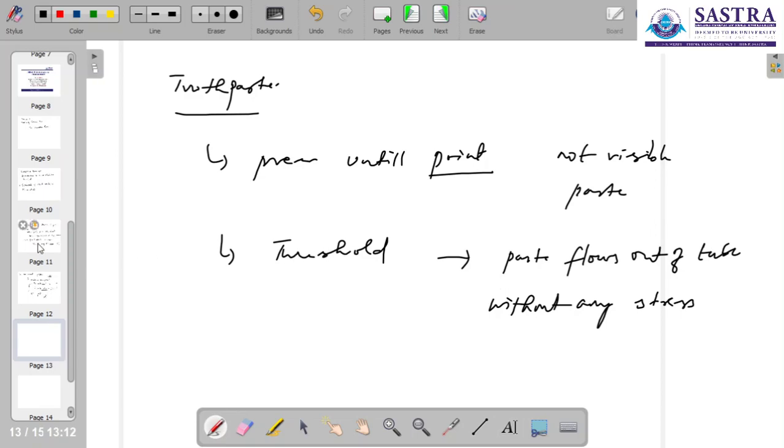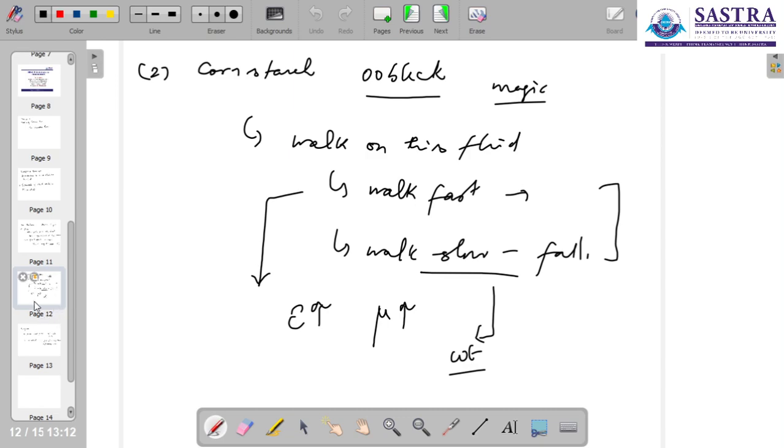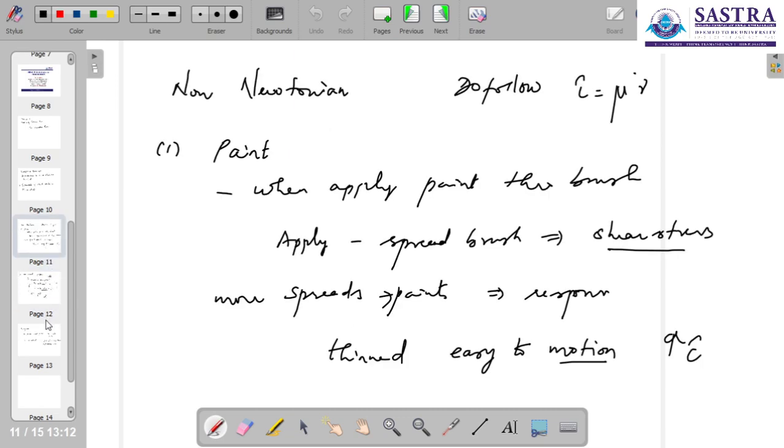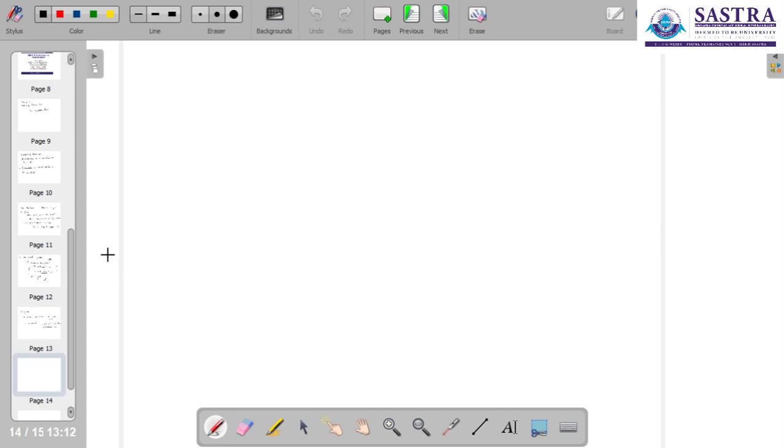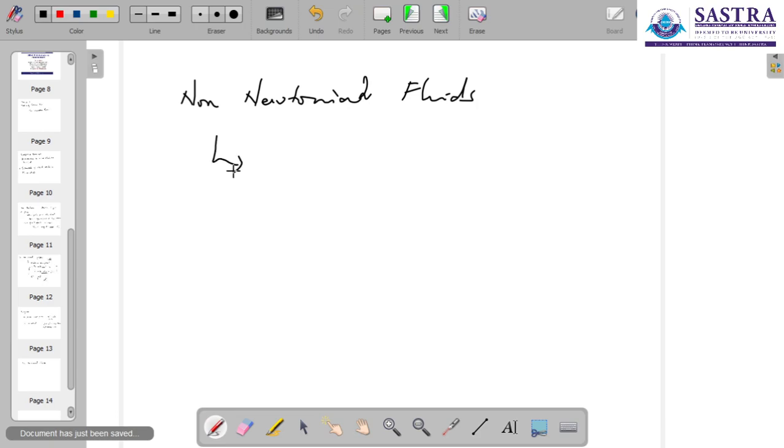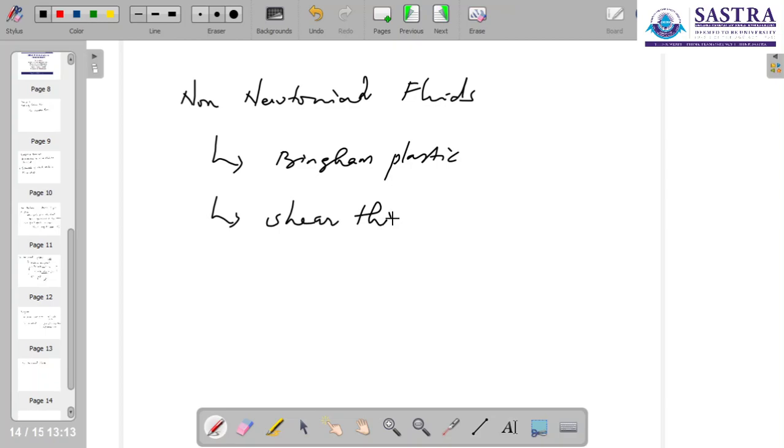Based on these observations, and similar observations in other kinds of fluids, non-Newtonian fluids can be classified predominantly as Bingham plastic, a shear thinning fluid, which is what paint is, and a shear thickening fluid.